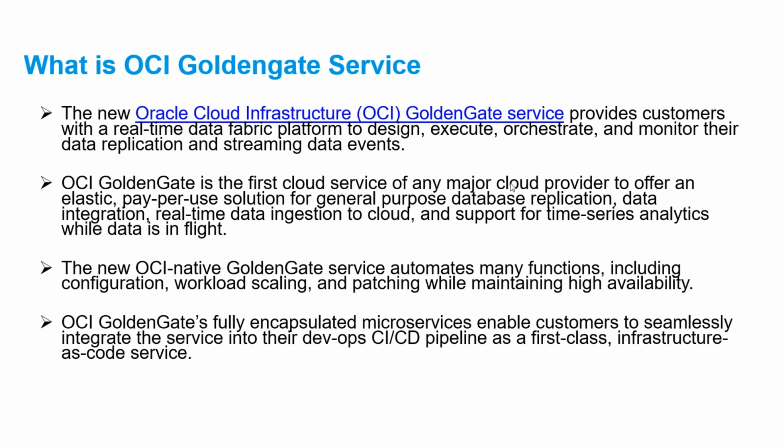OCI Goldengate is the first cloud service of any major cloud provider to offer an elastic pay-per-use solution for general purpose database replication, data integration, real-time data ingestion to cloud, and support for time series analytics while data is in flight. OCI Goldengate service was launched in April 2021.